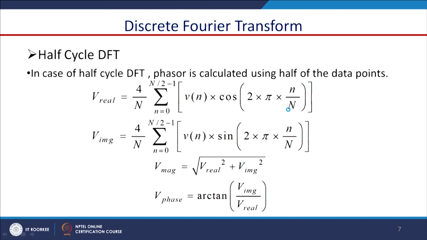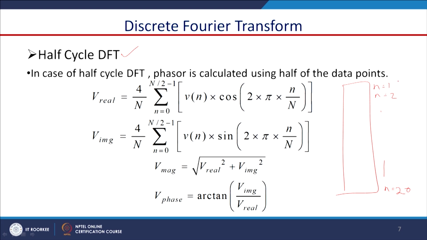Here we will go for half cycle DFT. In half cycle DFT, we basically use half of the sample values. Let us say in a sample string we have 20 samples, n stands for 1, 2, up to n equal to 20.